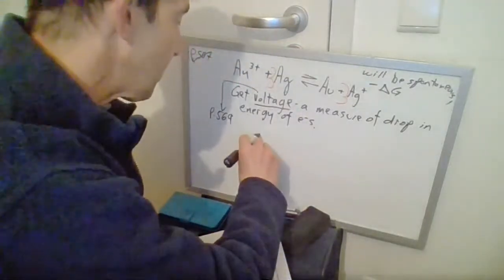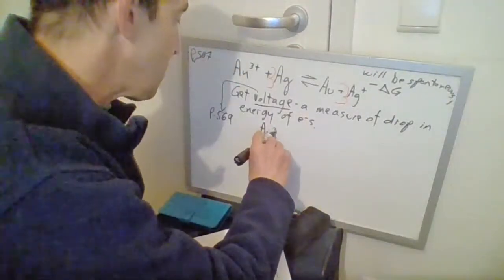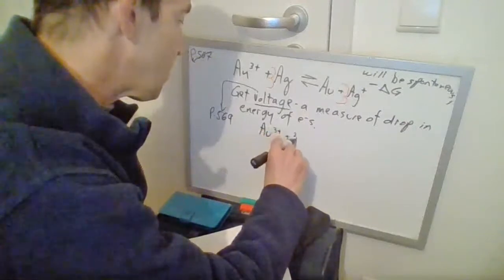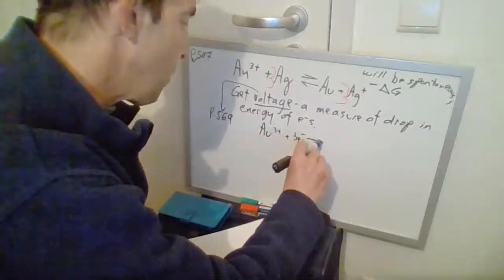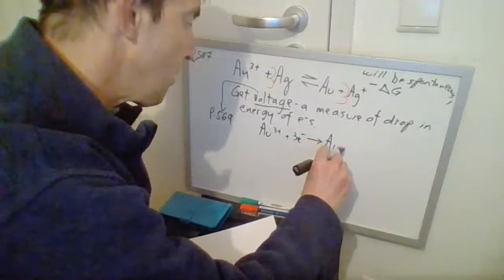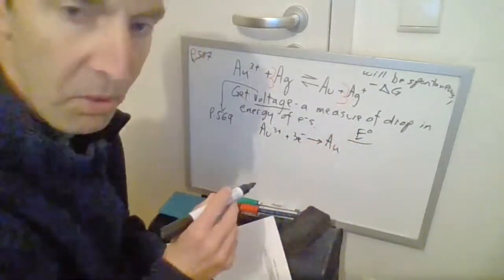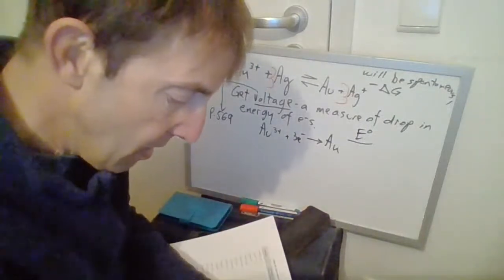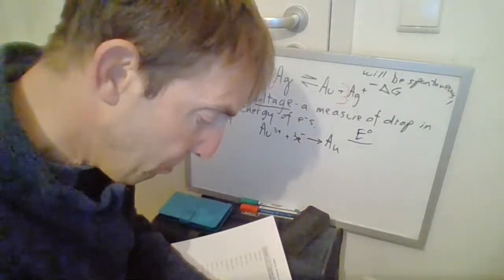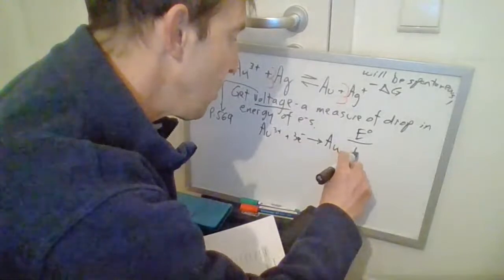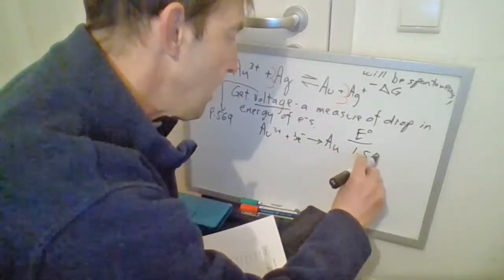Here, I'm going to write that down again. Au3+, when it gains 3 electrons, forms Au. And the voltage, called E0, the electrochemical potential in fancy words, the voltage is 1.50. And it's positive.